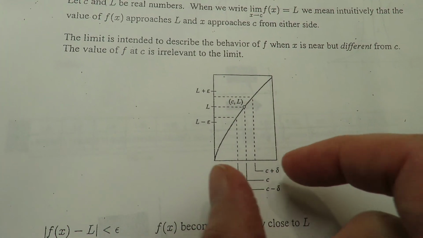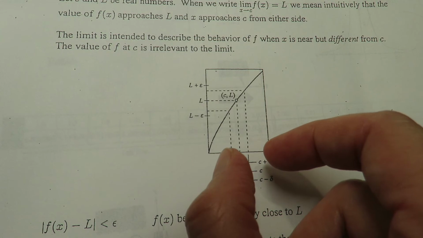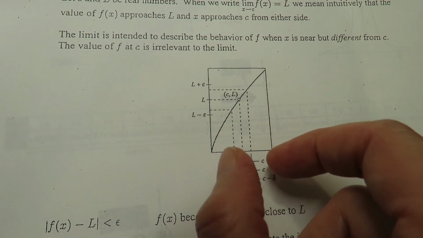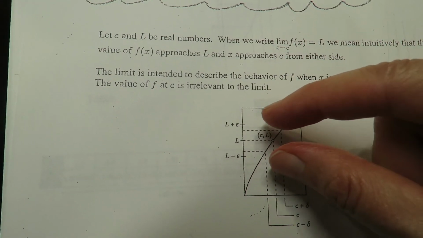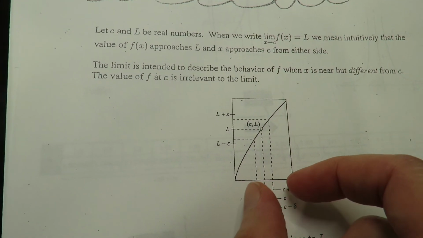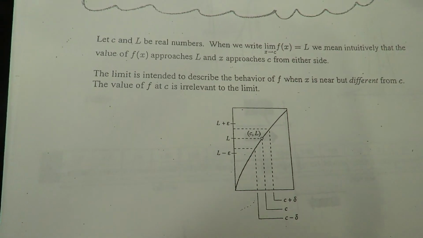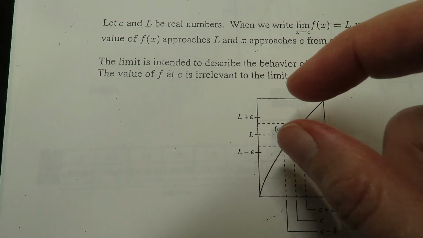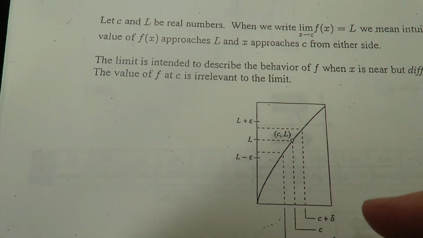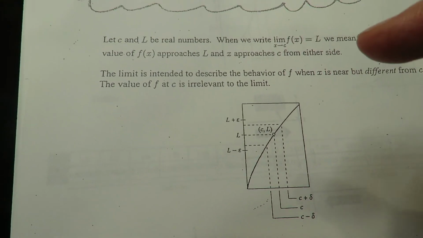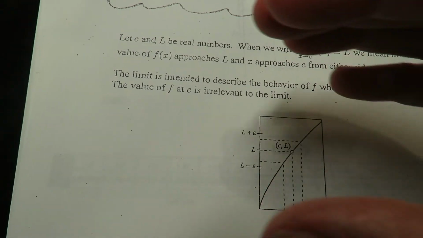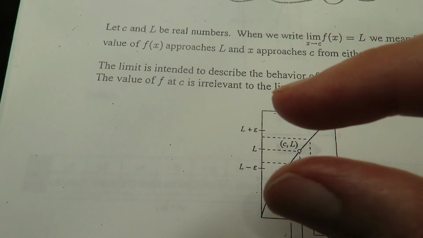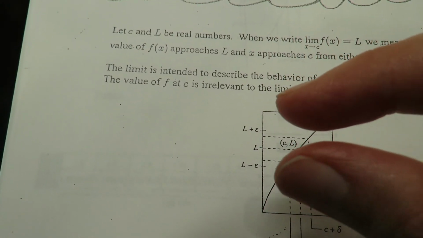So how wide do I have to make plus or minus delta so that if this is true, then I can hit the target in here? So if x is in between these values, then y must therefore be in between these values, okay? So if x is in between these values, this guarantees that the limit will fall in between plus or minus delta. And if I can say that I can catch the limit within this box, then it exists.